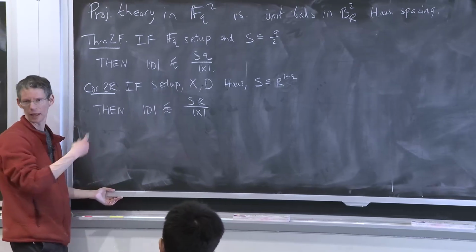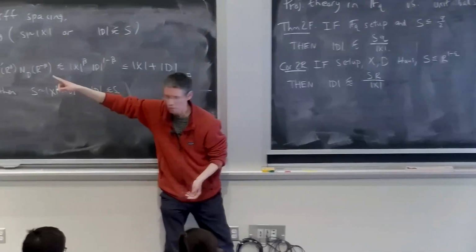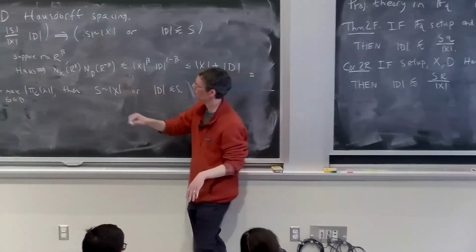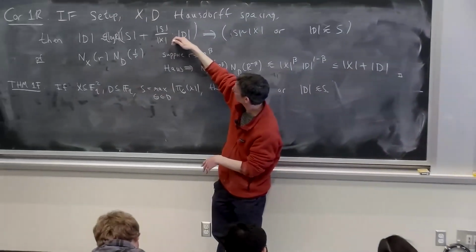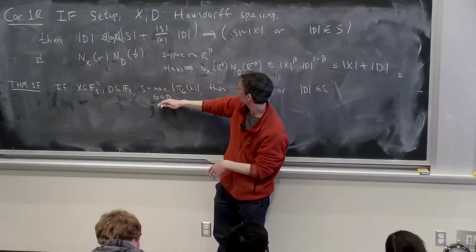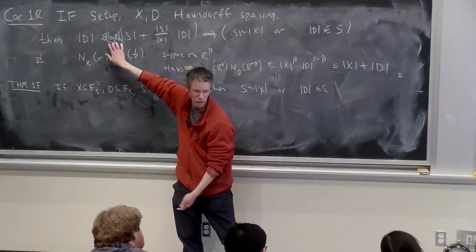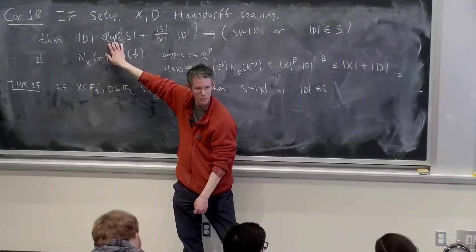That's hiding something like a log factor, similar to the log factor that appeared over here. If you compare the real case, theorem 1, and the finite field case, we lost an extra log R factor. And that will happen sometimes.